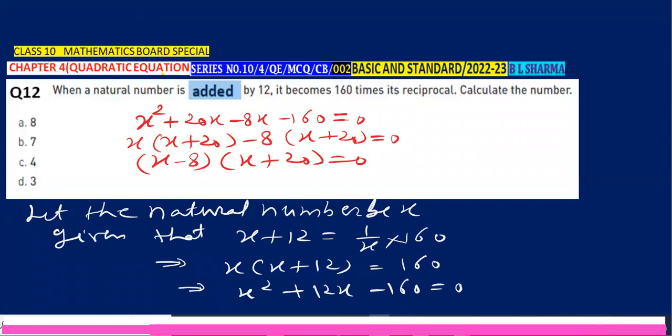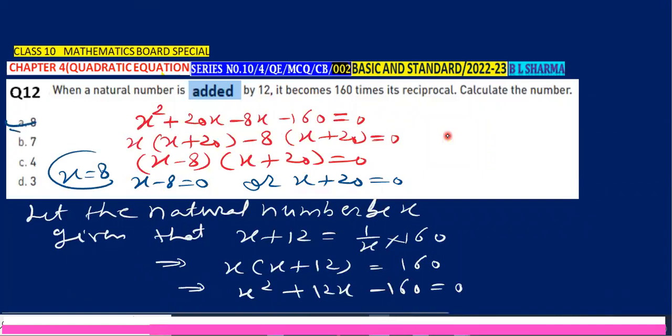Therefore x minus 8 is equal to 0, or x plus 20 is equal to 0. When x minus 8 is equal to 0, x is equal to 8. So A is the correct answer, means 8 is the correct answer. Because here x is minus 20, and minus 20 is not a natural number, so it can be rejected. और यहाँ पे हमें ऑप्शन भी एक ही दे रखा है, that is 8.